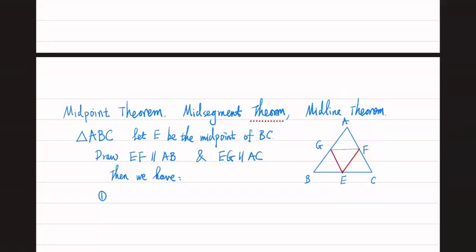So the theorem tells us F is the midpoint of AC. G is the midpoint of AB.